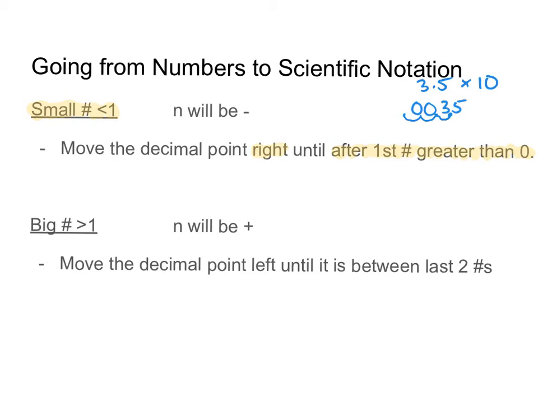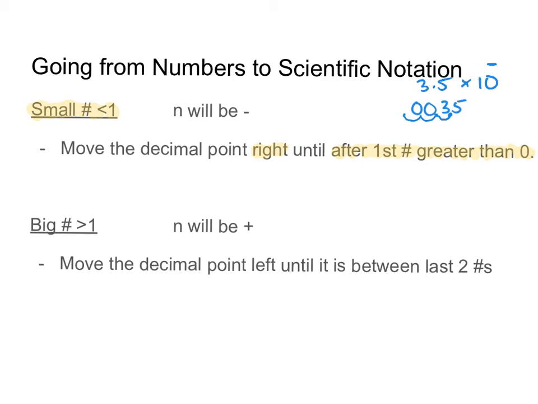Now we have to figure out the n, the exponent for the 10. Looking at our notes, it says n will be negative. So any small number, a number less than 1, a decimal number, we know it's automatically going to be a negative exponent. So we just put a negative sign there.